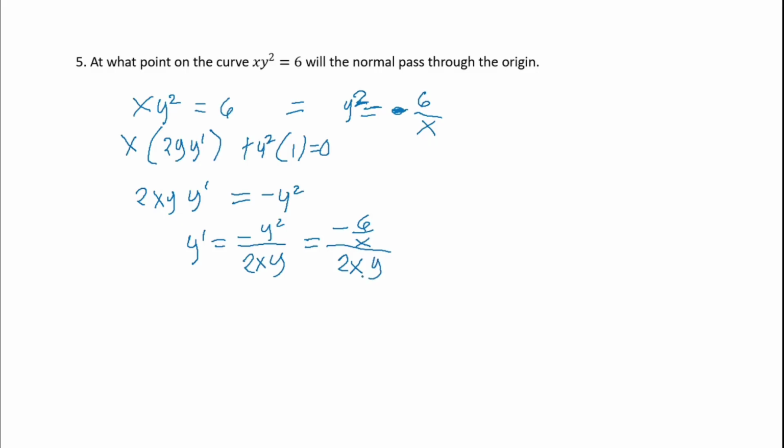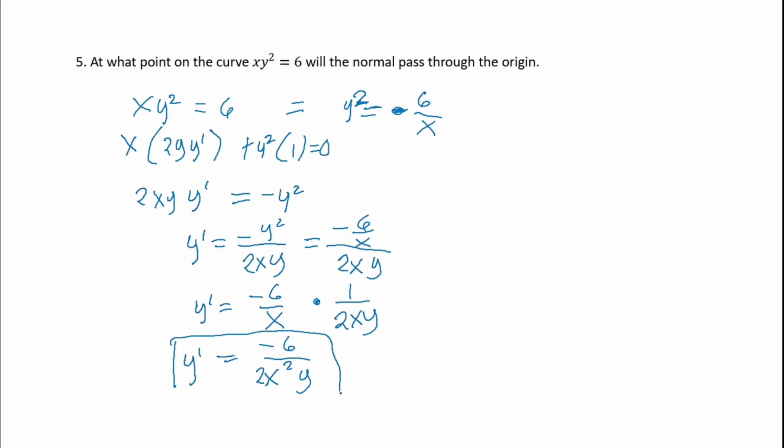Okay. So y prime is equal to negative 6 over x times 1 over 2xy. So this is negative 6 over 2x squared y. So this is the slope of the equation.